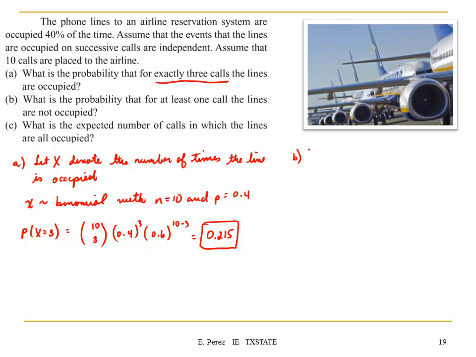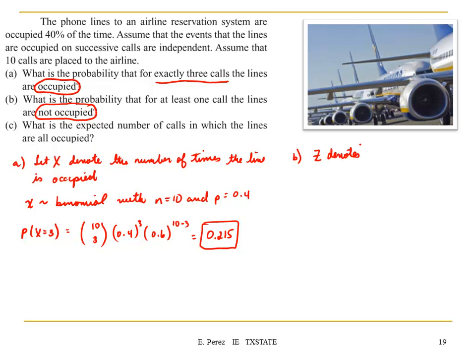Let me call this Z, because now something that you need to observe is that here we are calling a success the number of times that the line is occupied. On part B, we are referring to a different type of success: the number of times that the lines are not occupied. Okay? So now we need to define another random variable.